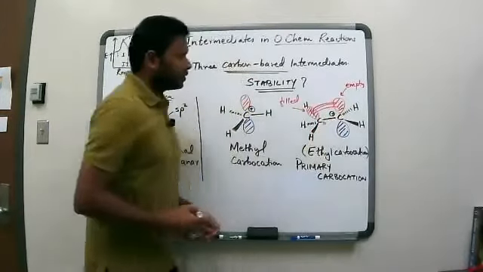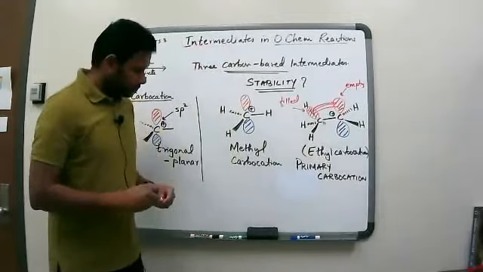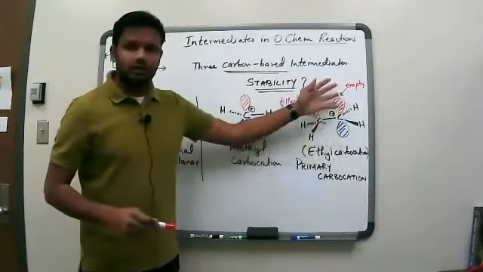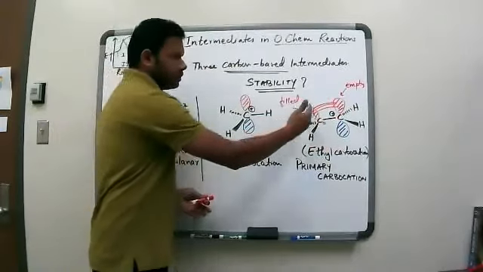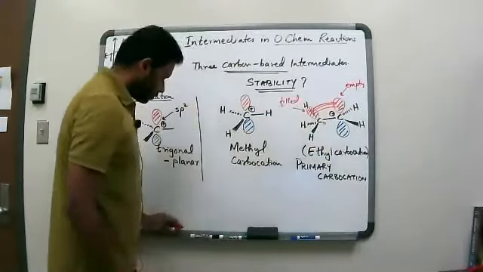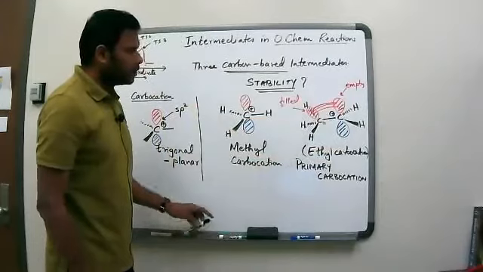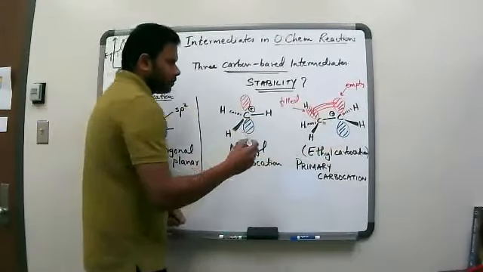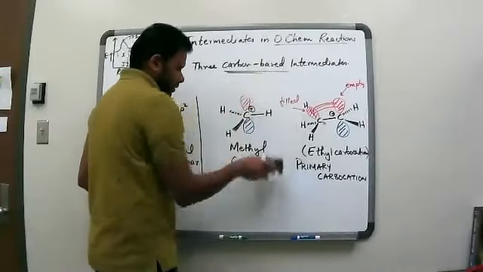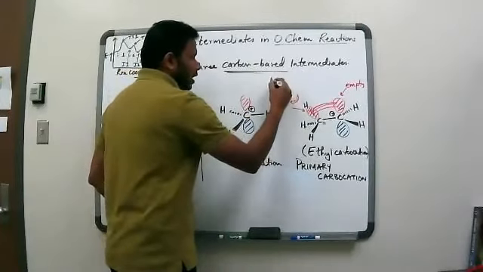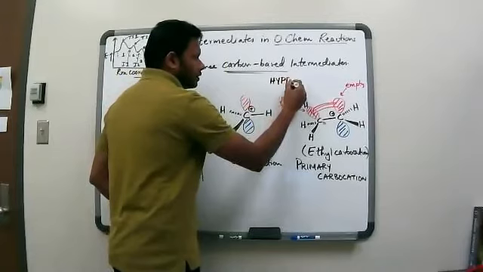And that would make this carbocation feel stabilized, because it is now getting some share of the electron density from that sigma bond. Okay, so that effect is called hyperconjugation.